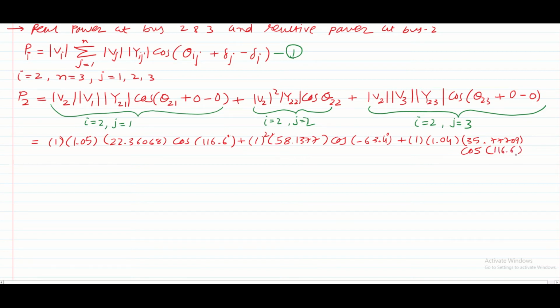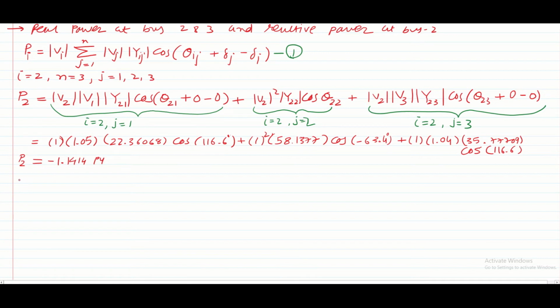You can verify by yourself also. So the final answer of this calculation, we will get P2, which is minus 1.1414 per unit. I hope you have cleared the calculation of active power at bus number 2.